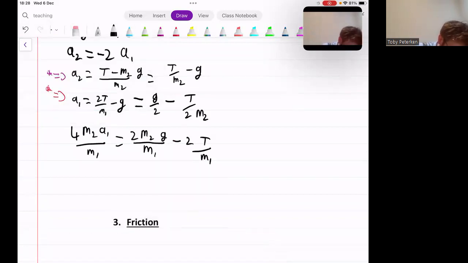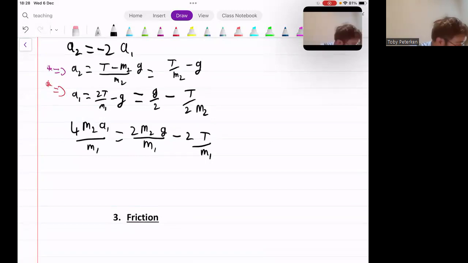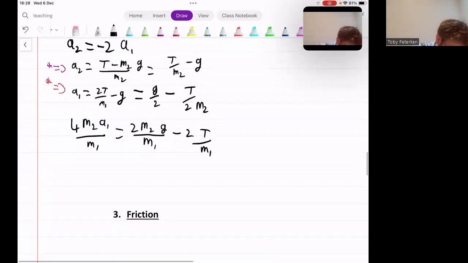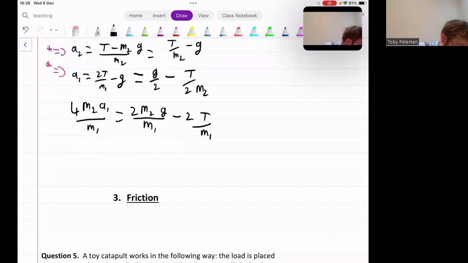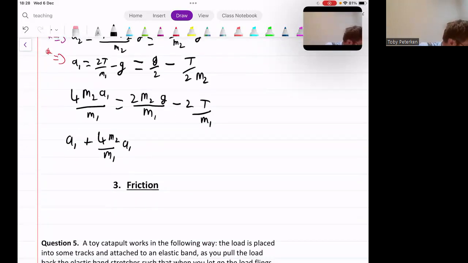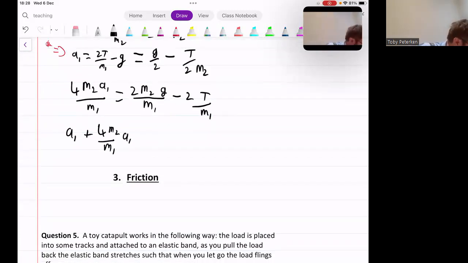Now that may seem like a weird step, but now what we can do is add a1 and 4 m2 over m1. Sorry, I do apologize. I think the work I've written down is slightly wrong.